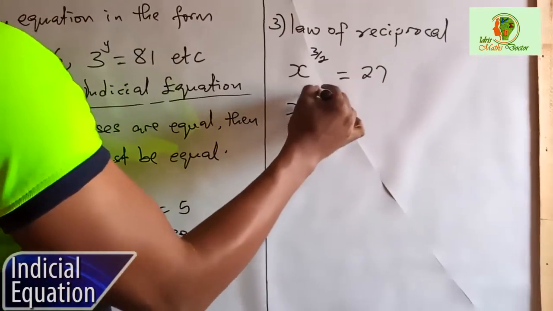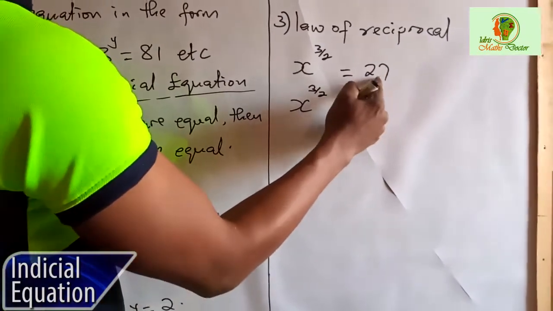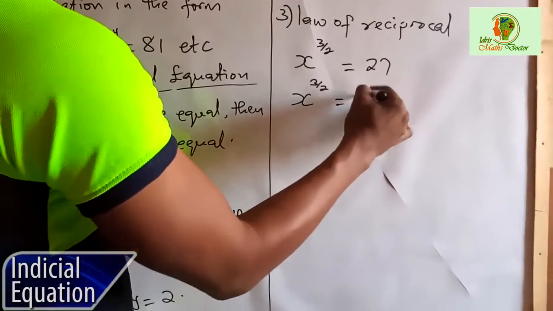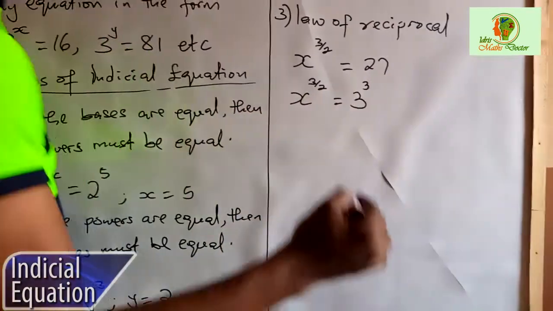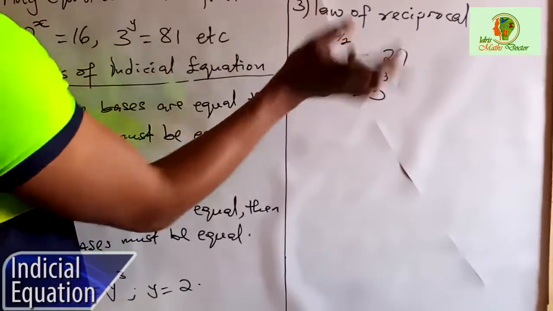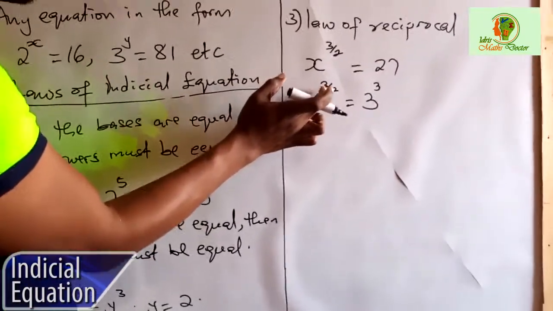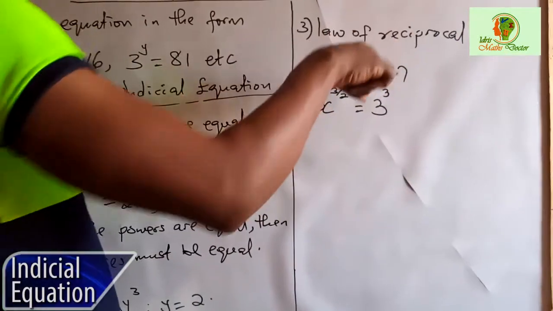So how do you solve this? You write x raised to power 3 over 2 equal, we know that 27 is the same as 3 raised to power 3. You now apply the law of reciprocal. The reciprocal of 3 over 2 is 2 over 3.